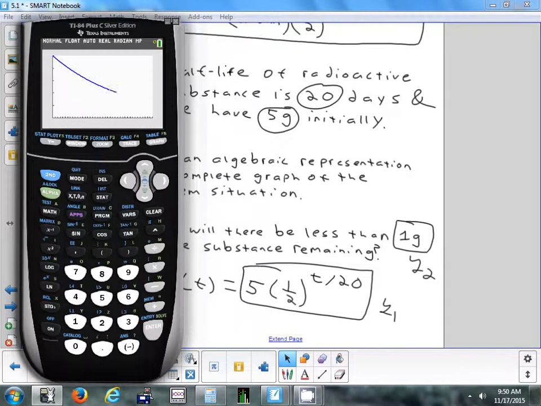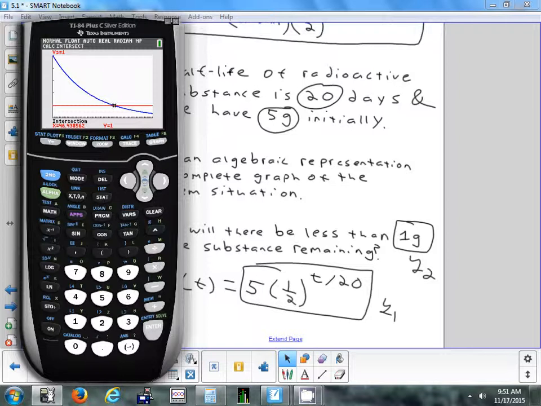So there's my substance going down. Okay, so 40, it's not going to happen within 40 days. Let's go out to 75 days. Is that going to be less than 1? Yeah. Okay, so there's my substance decreasing. And on the 46th day, that's when I'll have 1 gram.